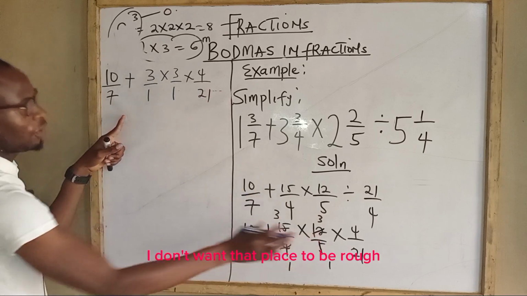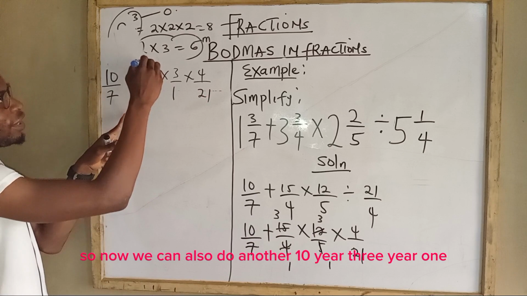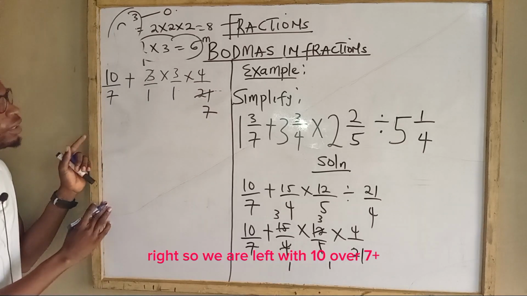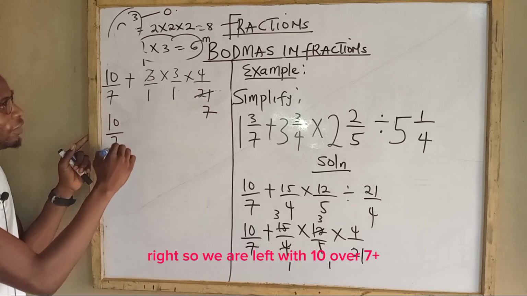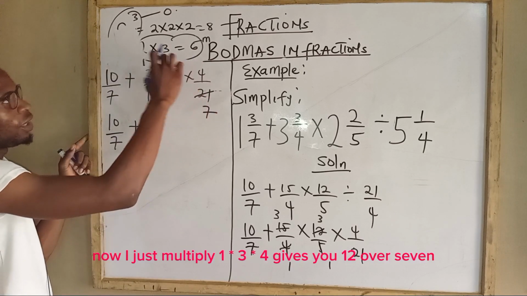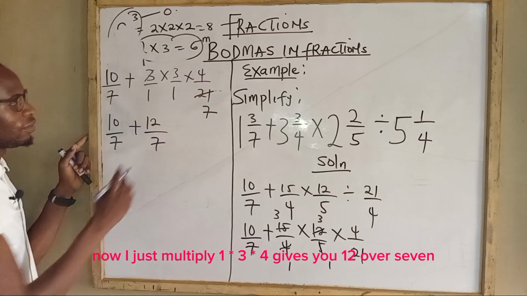That's what I have left here. Now we can also do another thing here: 3 here 1, 3 here 7. So we are left with 10 over 7 plus, this cannot cut any of this now, you just multiply. 1 times 3 times 4 gives you 12 over 7.